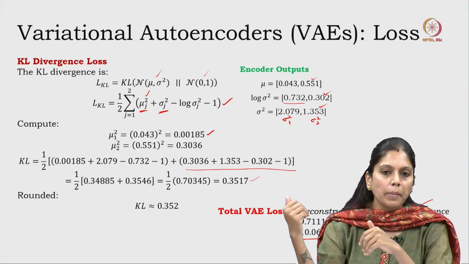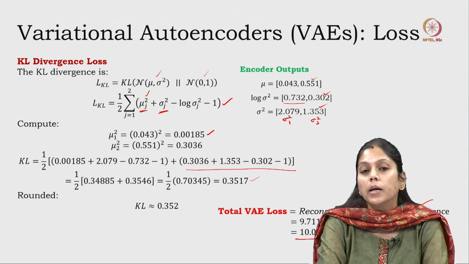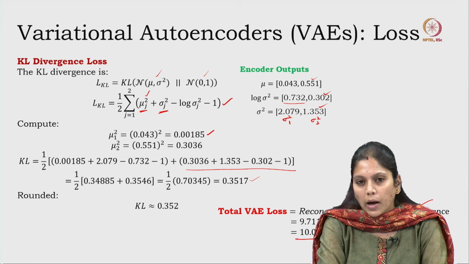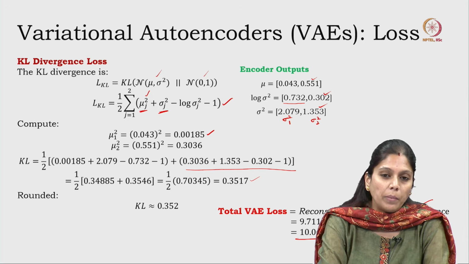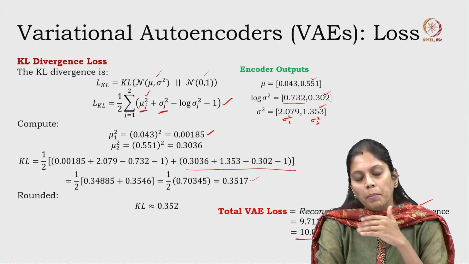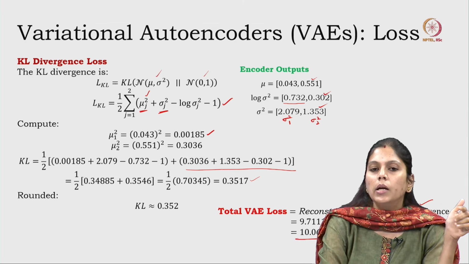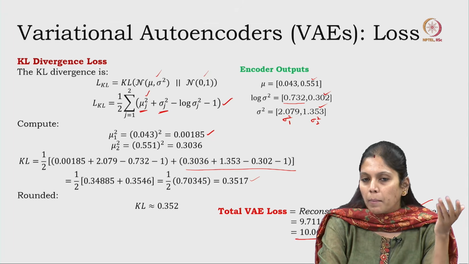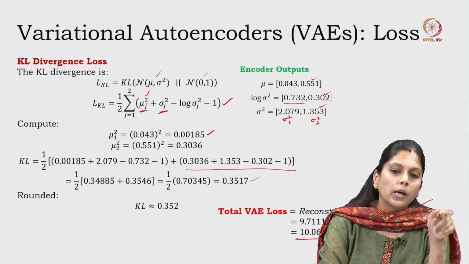What is the next step? Because the loss value is very high, 10.0631, what is the next step? We have the role of optimizers. So optimizers will come into play, and then during backpropagation you will update each of these parameters. By updating the parameters over a period of time, is it not that all the weights are optimized?